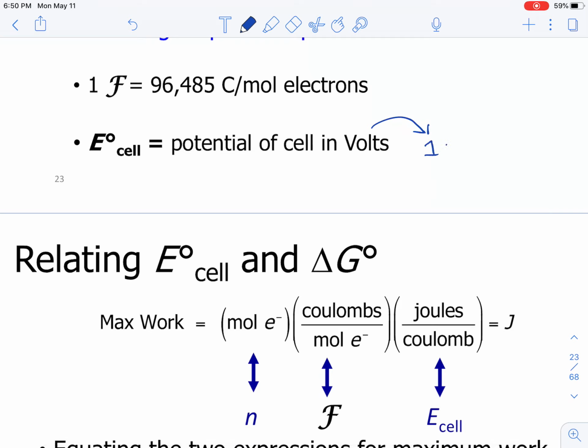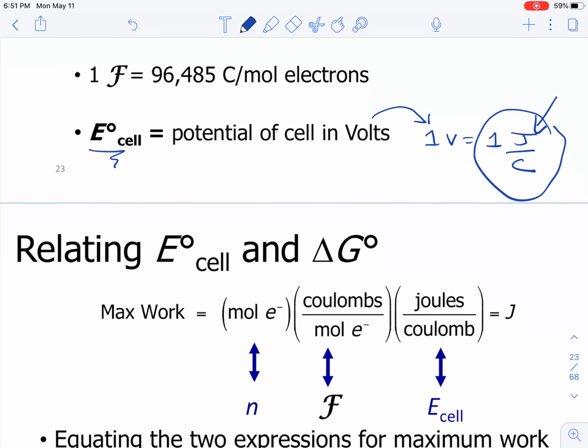If you recall from the first lecture video for this chapter, 1 volt is equal to 1 joule per coulomb. You want this unit to express the standard cell potential such that your units of coulombs can cancel out.